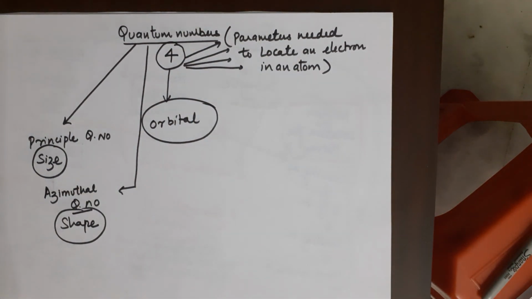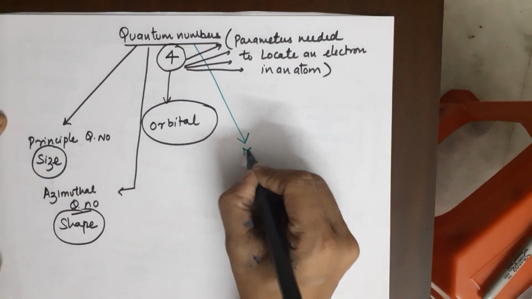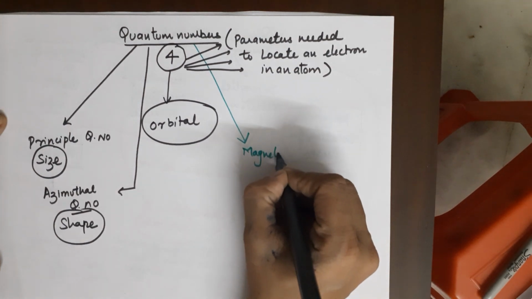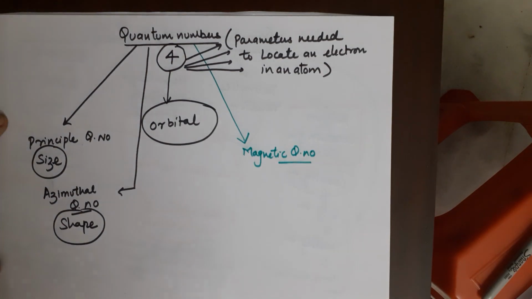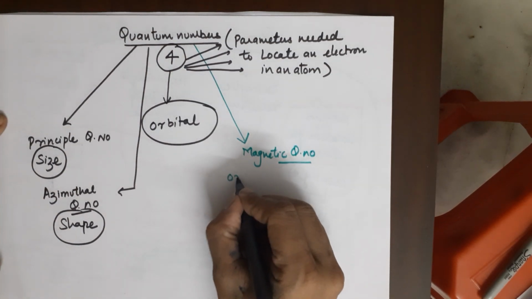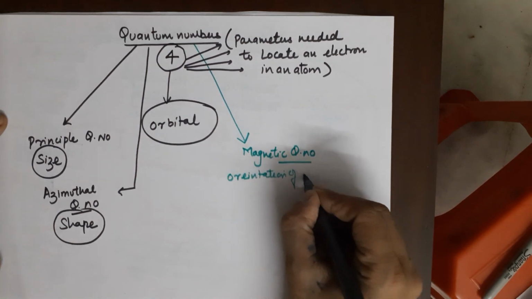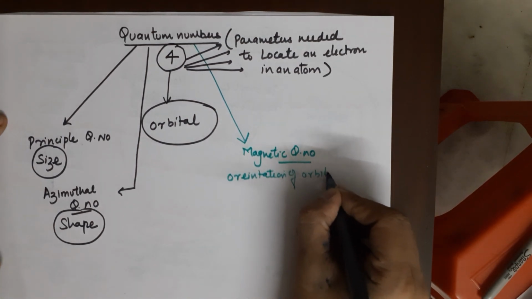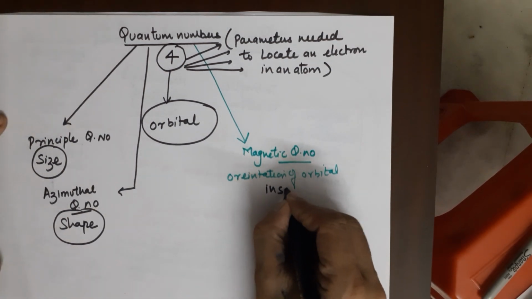Coming to the third quantum number, the magnetic quantum number. Now this magnetic quantum number tells you about the orientation of the orbital in space.